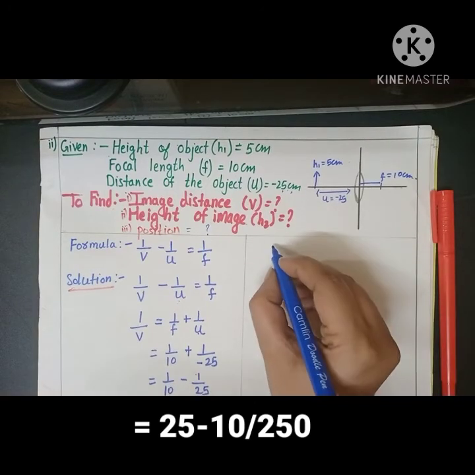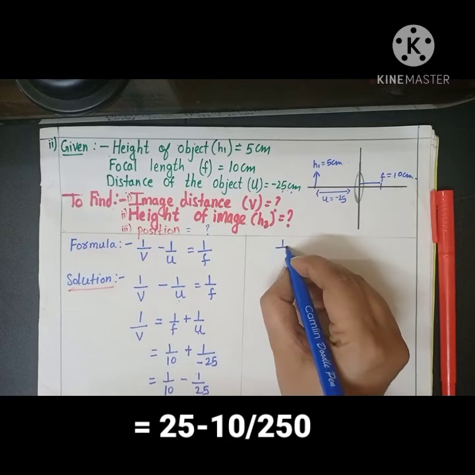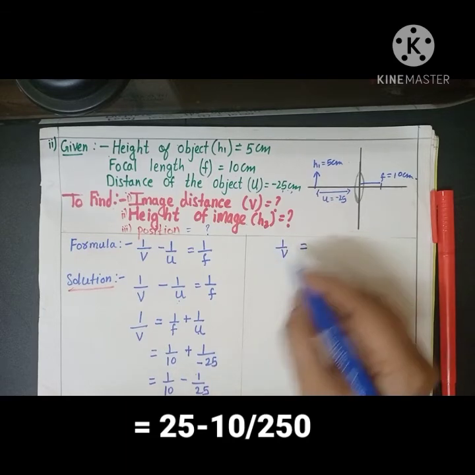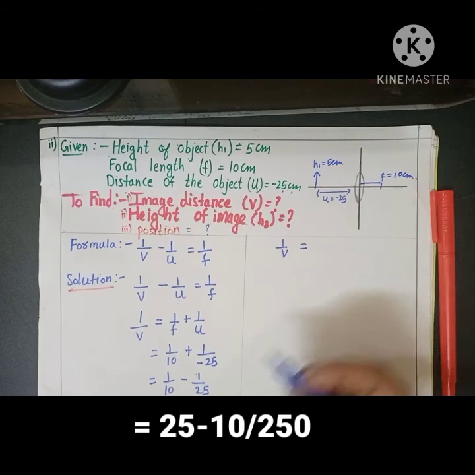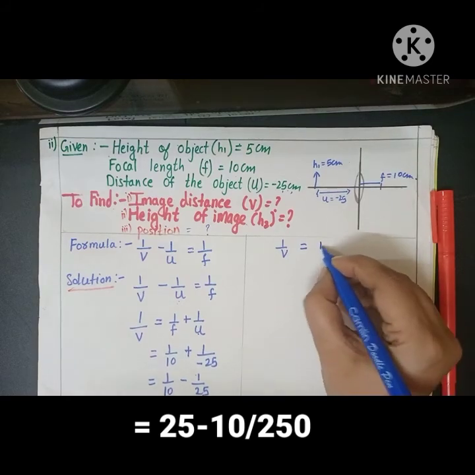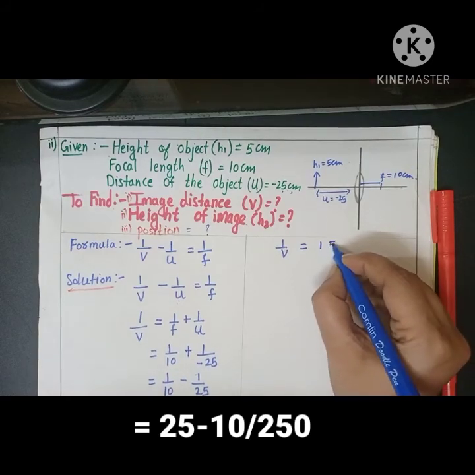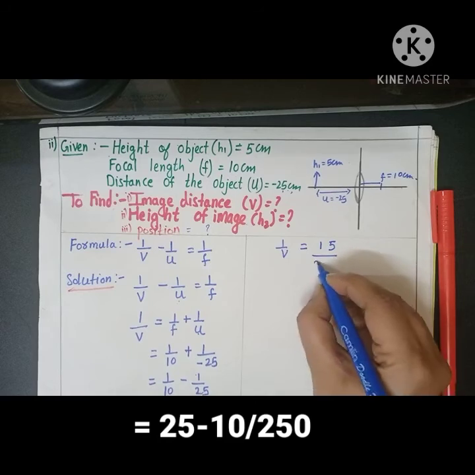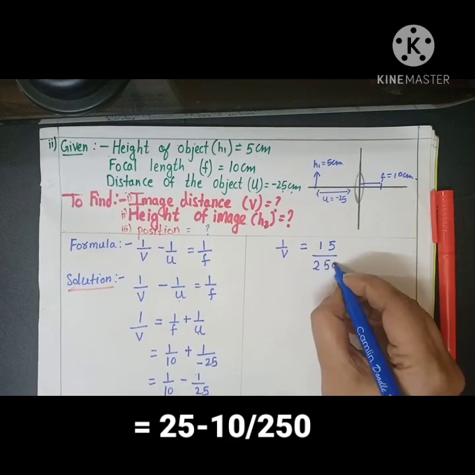So when we subtract, we get 1 upon v is equal to 25 minus 10, is 15 upon 250.